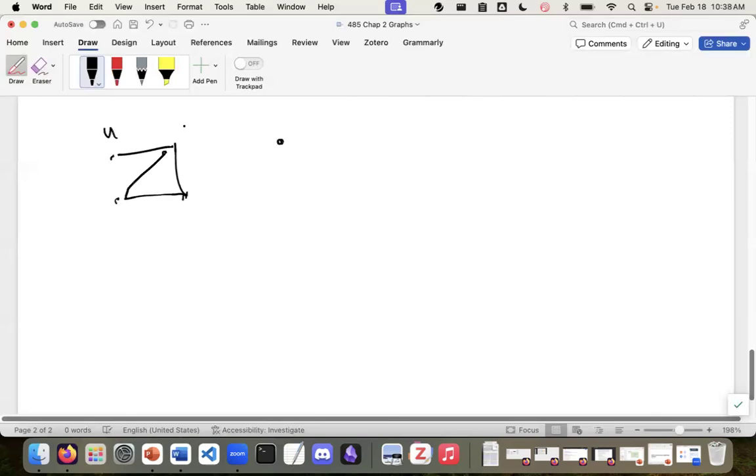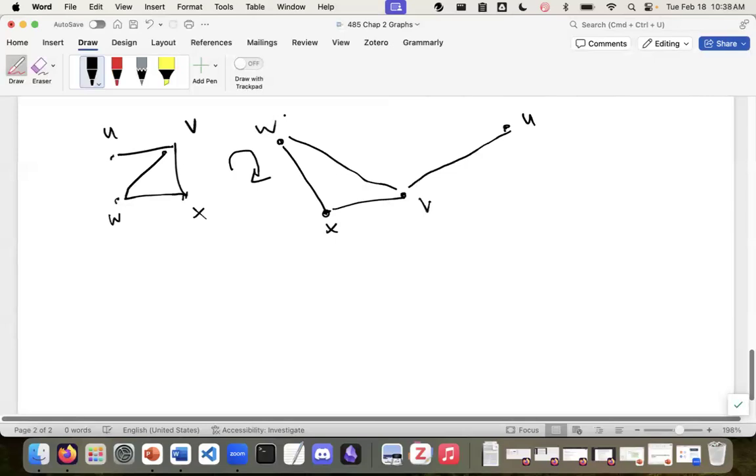So if this is U, V, X, W, let's say if we rotated it this way, so then this is U, this is V. This is X, this is W, did I get that right?